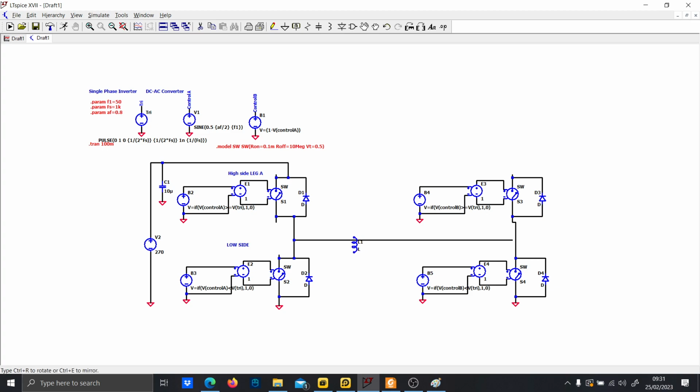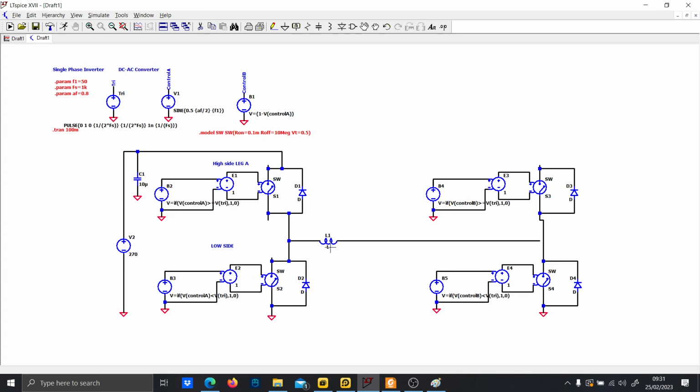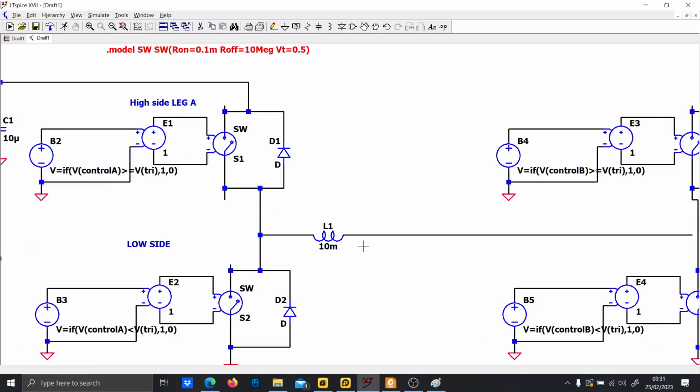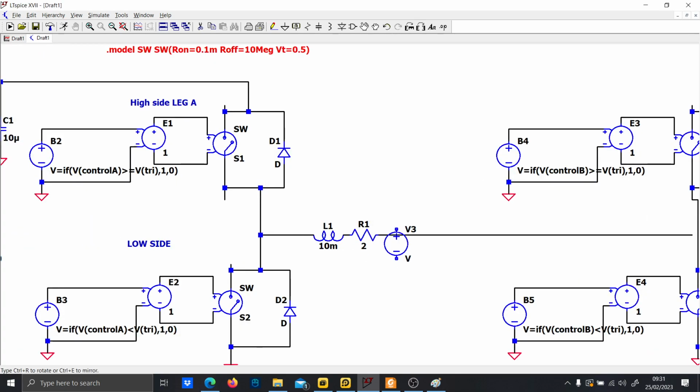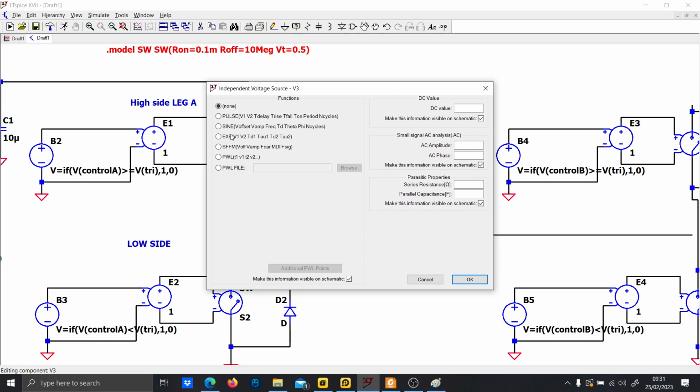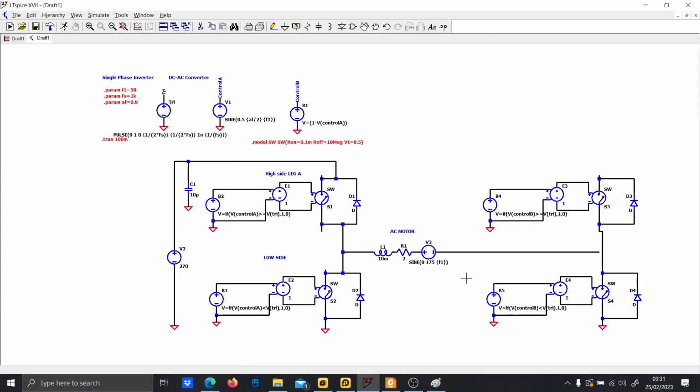Let's put our motor: the inductance of the motor, the series resistor of the motor, and the back voltage. Pay attention that this is an AC motor, so you expect to have an AC voltage here. So let's put a sine with the fundamental frequency F1, with 0 offset and 160 volts amplitude.